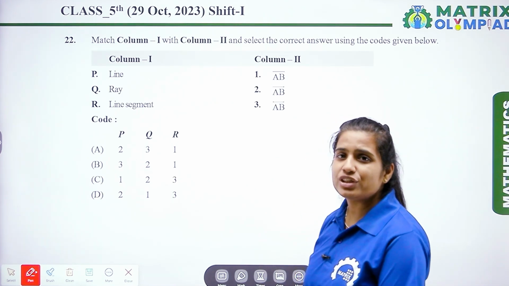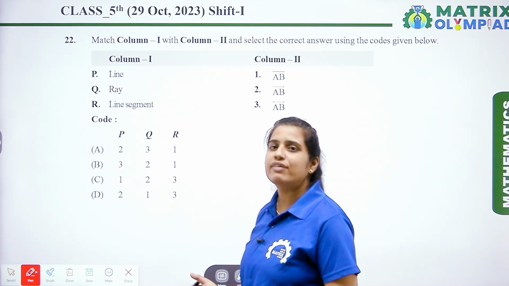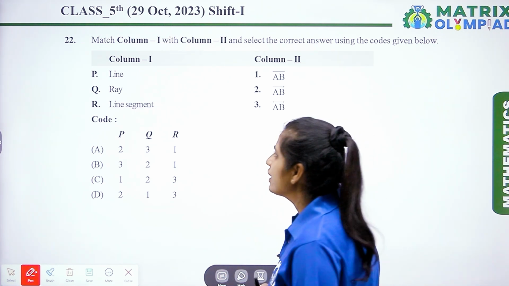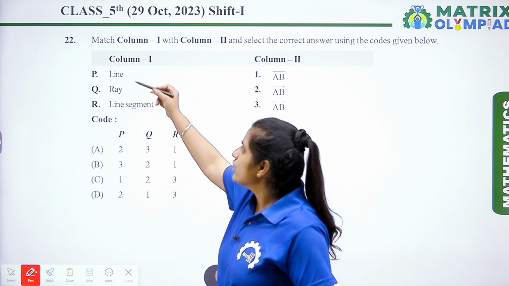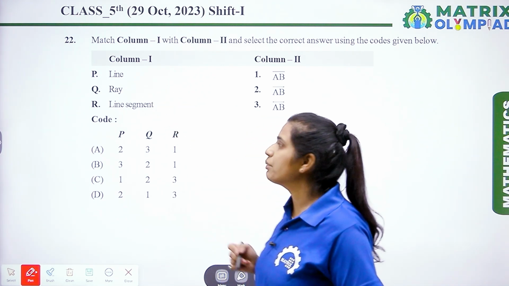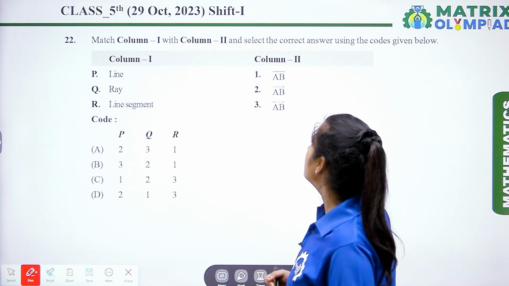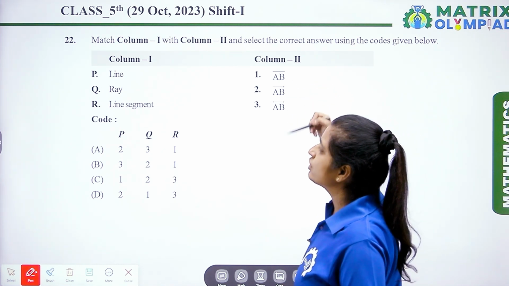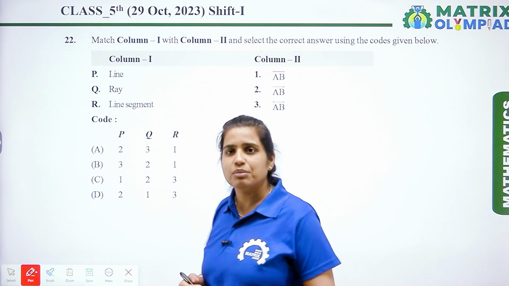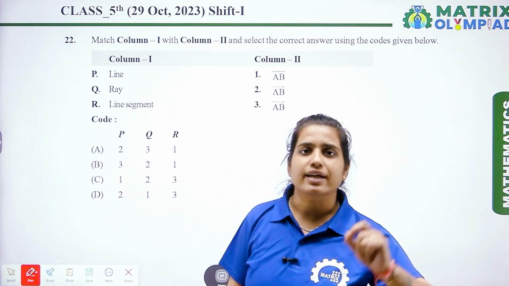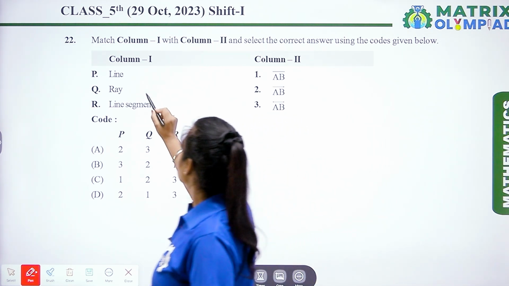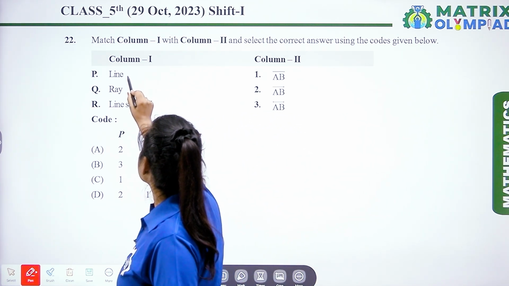Let's start the next question. That is question number 22. Here we have to match the column, column 1 with column 2. Here we are given line, ray and line segment in column 1. And in the second column we have the representation of this line, ray and line segment when 2 points are given to us, that is point A and point B. Now let's match the representation with the correct one.